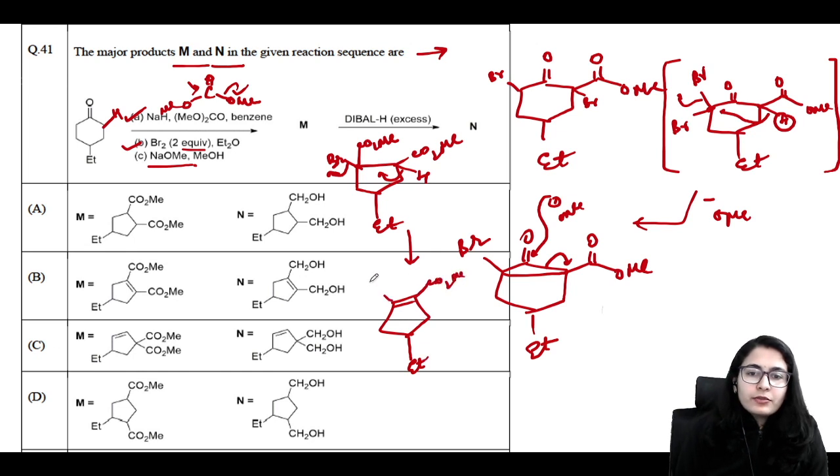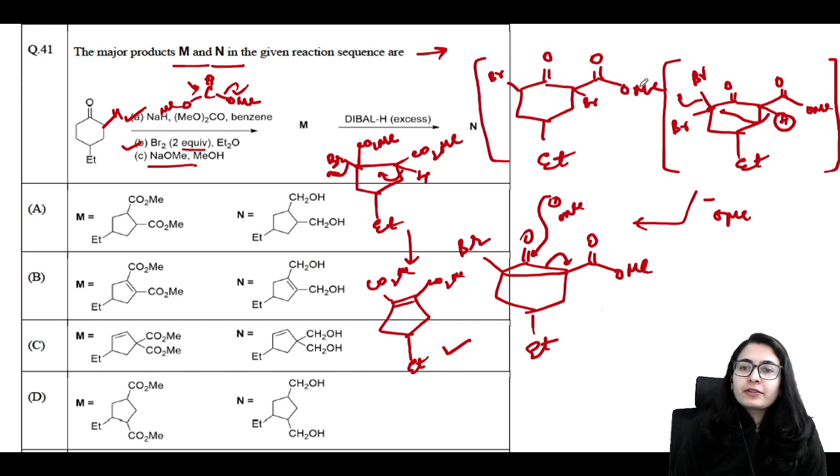Now I want you to try out one more thing: are you also getting the same product if we are taking this compound? If we are taking this compound, are you getting the same product? Let's try. You are having a hydrogen over here. This hydrogen is going to eliminate this bromine from this side.